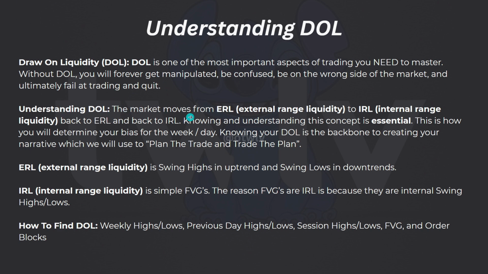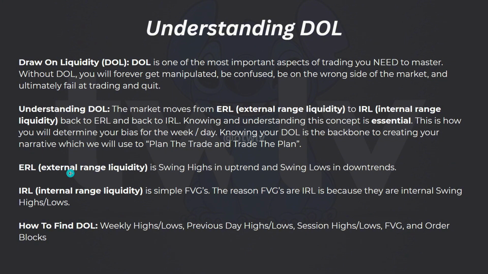So the market moves from ERL to IRL, so external liquidity to internal liquidity, back to external and back to internal. Okay, so I'll show you an example, obviously, but knowing and understanding this concept is essential. This is how you will determine your bias for the week and day. Knowing your draw is the backbone to creating your narrative, which we'll use to plan the trade.